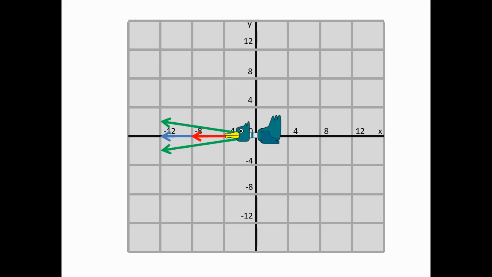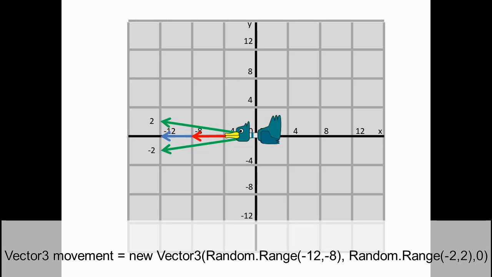Right, so that looks between, say, minus 2 and plus 2. So let's put those in. Right, so what I need to do is to create a vector3 variable which will enable us to choose something between minus 12 and minus 8 on the x-axis, and minus 2 and plus 2 on the y-axis.